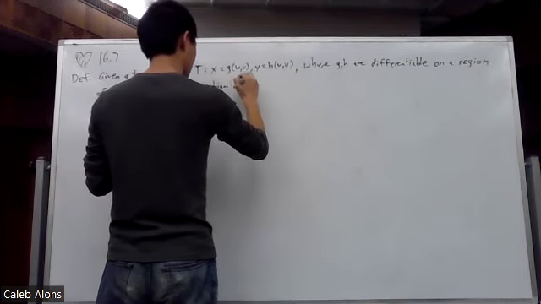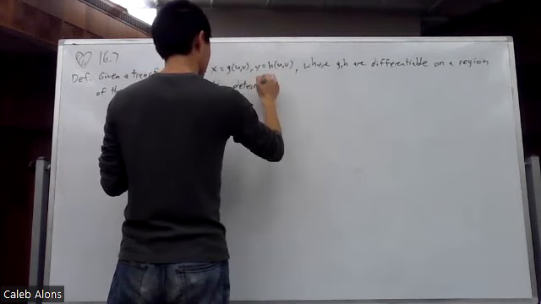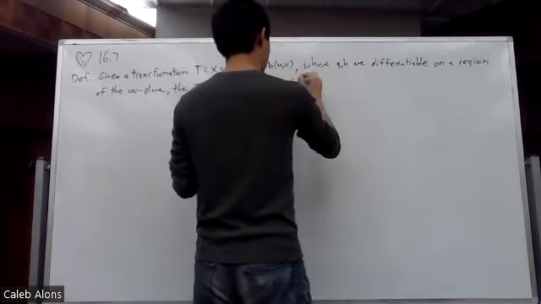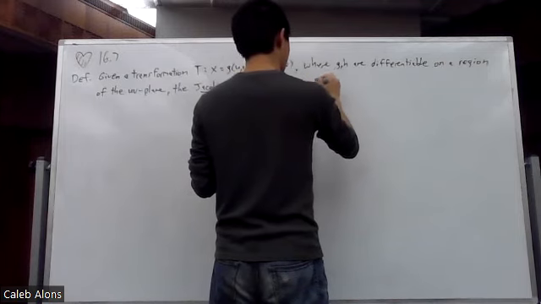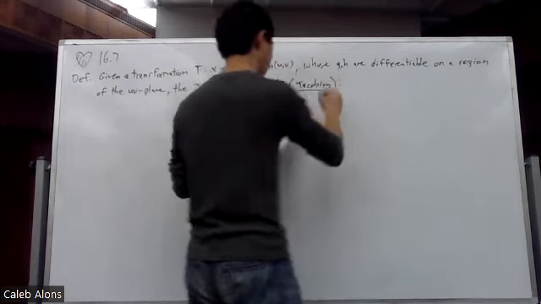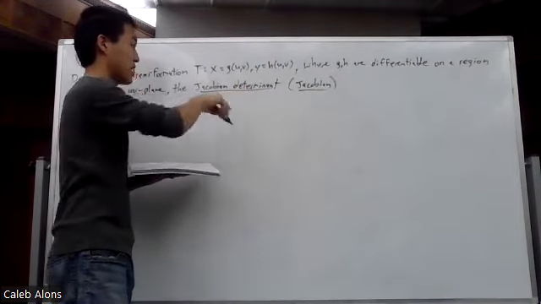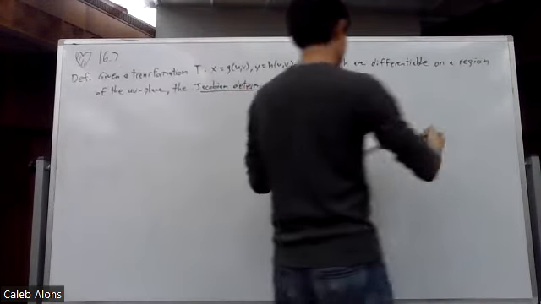Jacobian determinant. Ding ding ding, big important word. Jacobian. Sometimes we just refer to it as the Jacobian because this is implied, but the word determinant is going to express the computation that you're going to do.